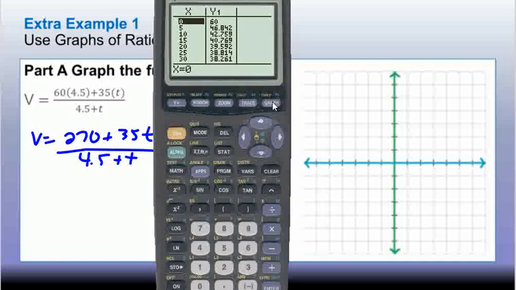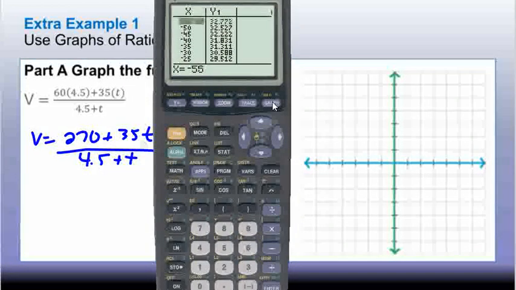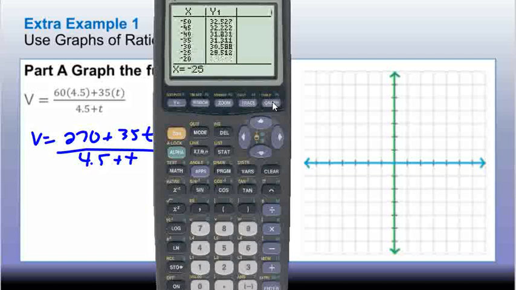Okay, so our asymptotes are going to be, if we use our calculator to find where there's an error, it would have to be at negative 4.5, which we're not going to see on there because of how I set up the window. So a negative 4.5 is the vertical asymptote.